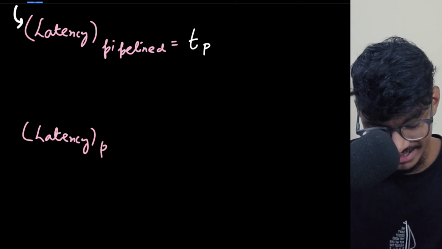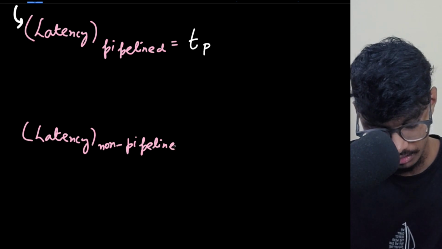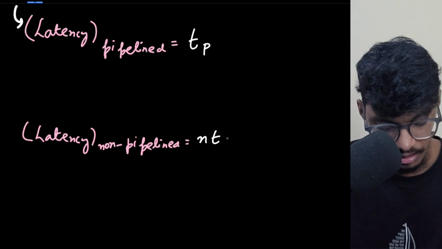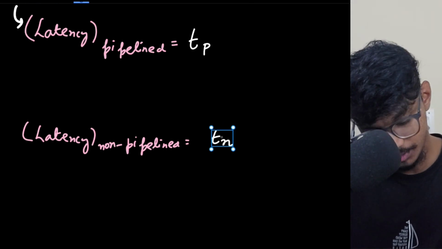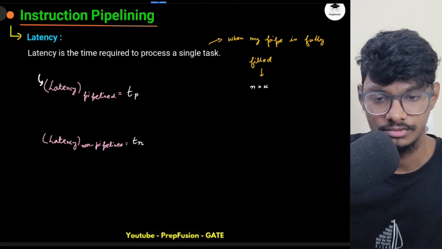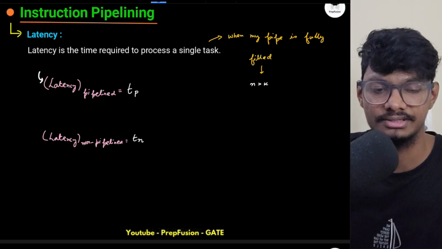To process a single task, how much time does it require? Each task takes n Tn time, so for a non-pipelined system the latency will be Tn. For a pipelined system, the latency will be Tp.